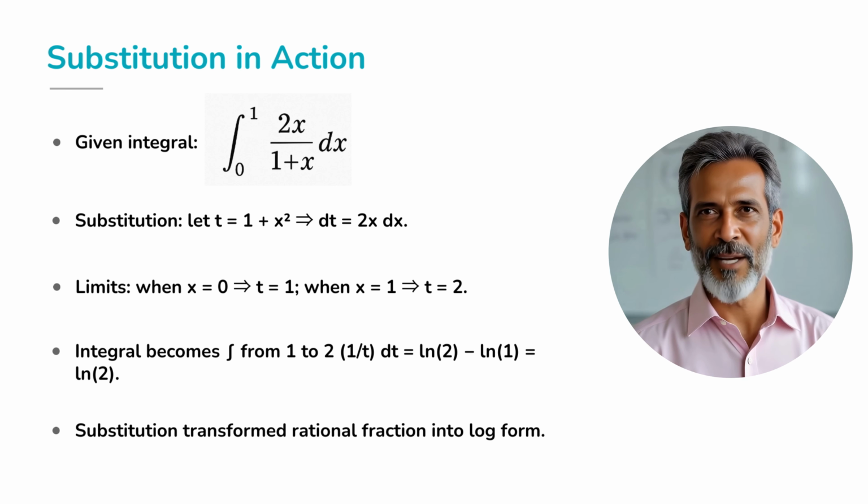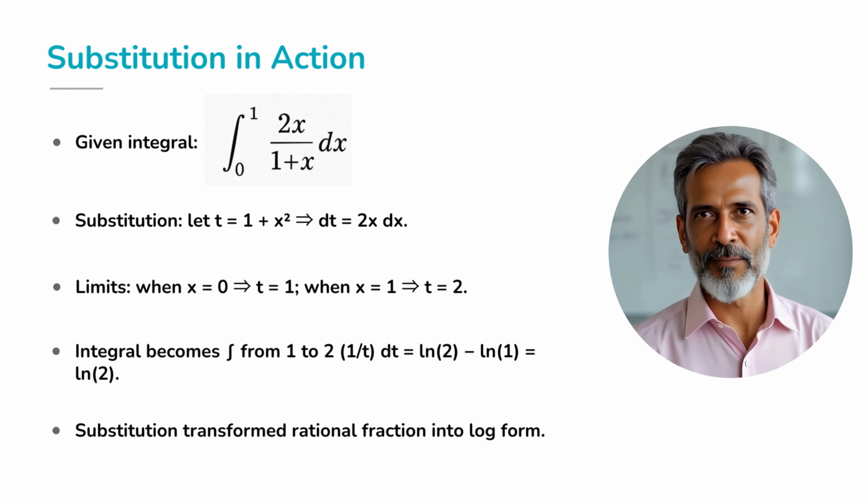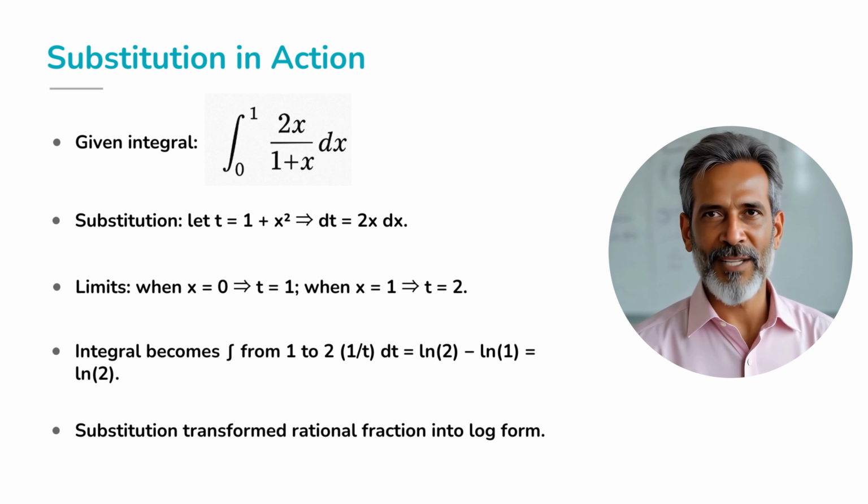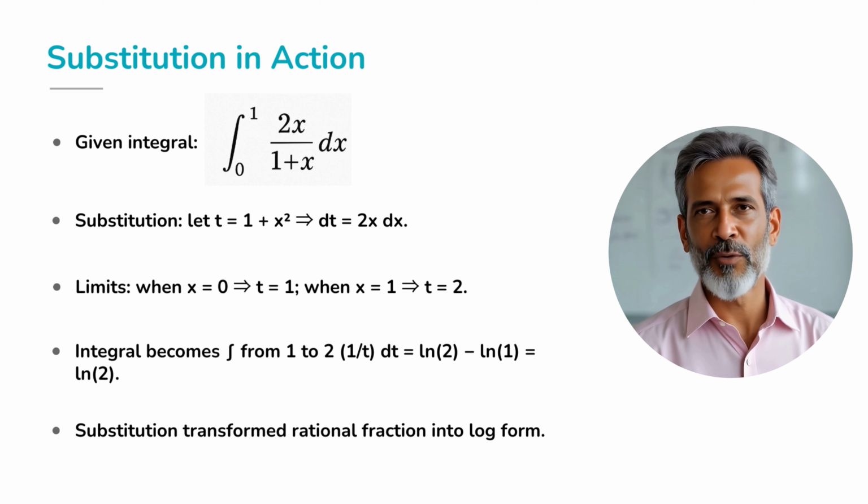Let's solve an example together. Evaluate the integral from 0 to 1 of 2x divided by 1 plus x squared dx. Step 1. Put t equals 1 plus x squared. Then dt equals 2x dx. Step 2. When x equals 0, t equals 1. When x equals 1, t equals 2.